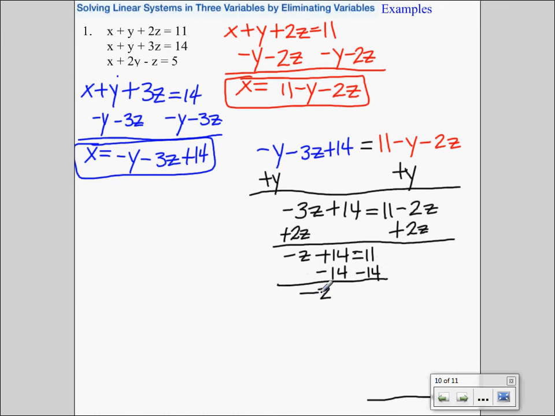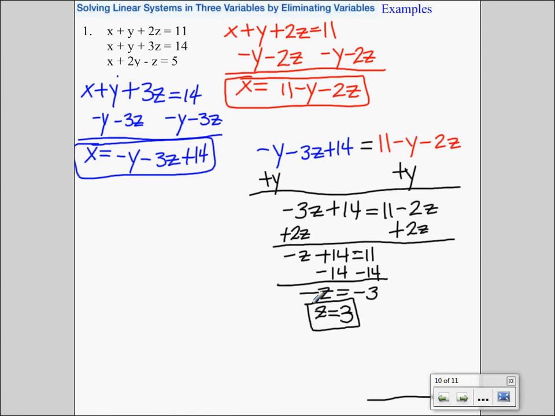We're going to get negative z equals negative 3. And now to make that a positive z, all you have to do is essentially divide by negative 1 or just change the sign of everything, leaving you with z equals 3. So that means we have one variable known.